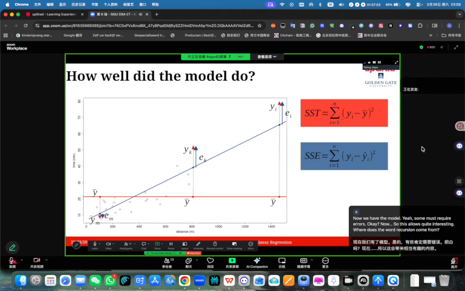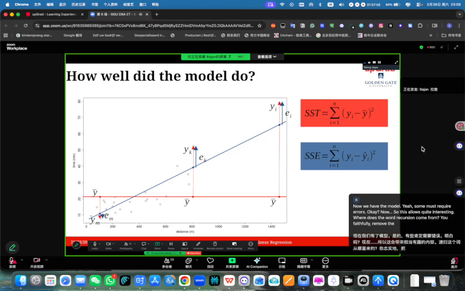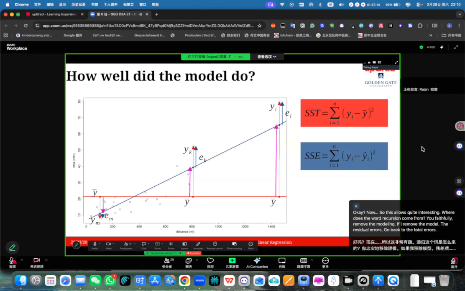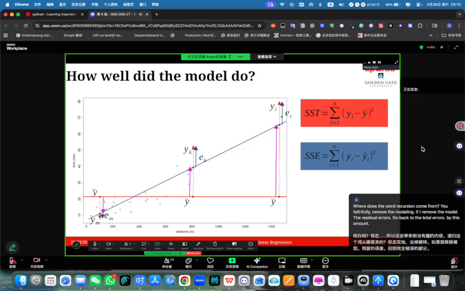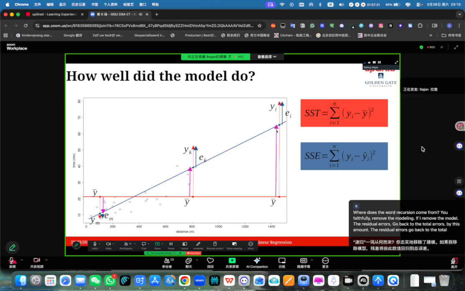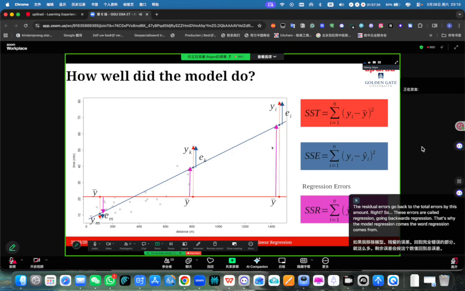If I remove the model, the residual errors go back to the total errors by this amount. So these errors are called regression, going backwards. That's where the word regression comes from. So this is called the regression errors.